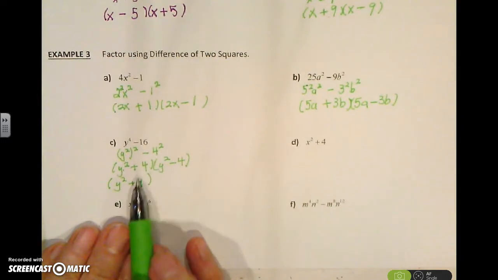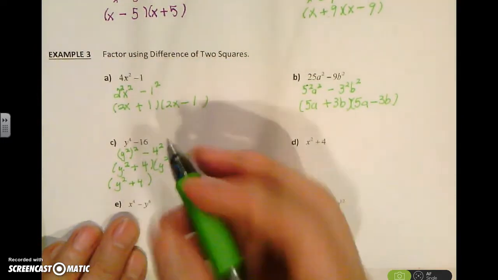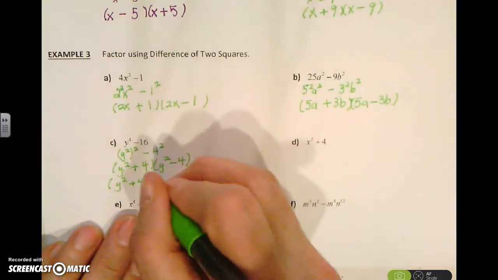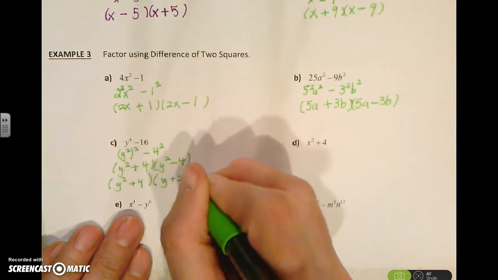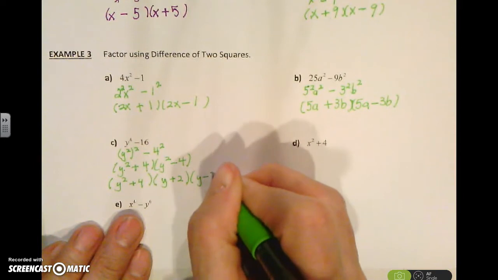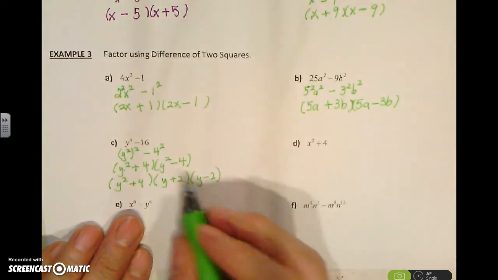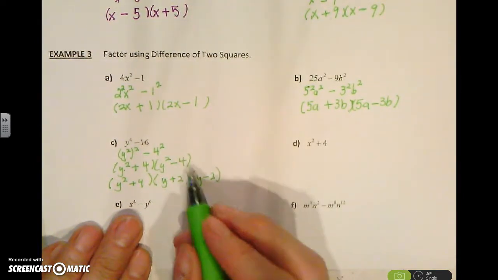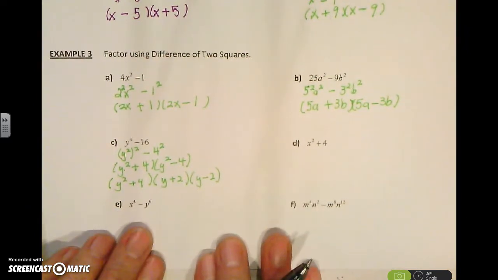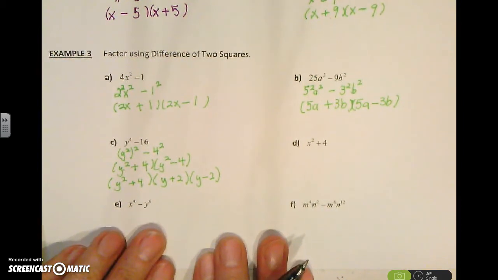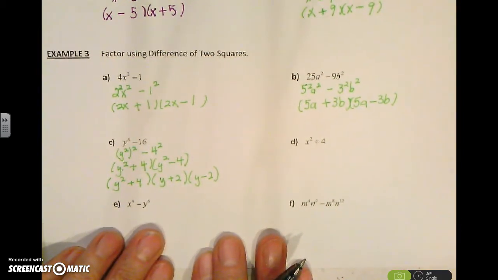I'm going to copy this as is, and then I'm going to factor this one because it factors again. And it's going to be y plus 2, y minus 2. See, y times y is y squared, 2 times 2 is 4, and negative 4. And so that's going to be completely factored. So once you factor it, if you've got squares in your answer, you need to consider, do you still have the difference of squares, and can you factor it again?